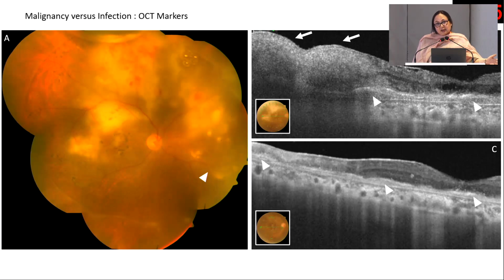So are there early biomarkers? Yes. This is kind of a diffuse picture. You can see it could happen in quite a few cases, but this particular patient had lymphoma.